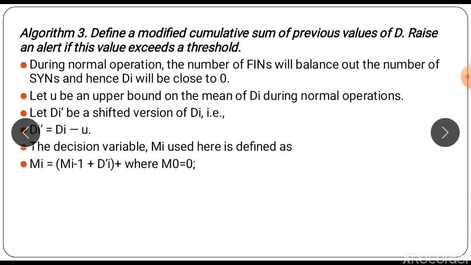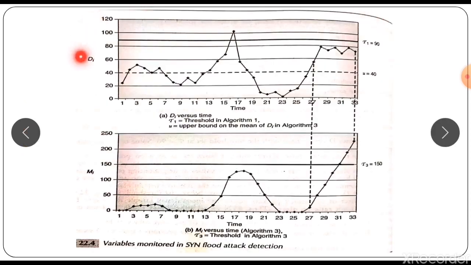So we'll see what this is. Just look at these two diagrams, first one and second one. In the first, we first define U, which is the upper bound on the mean of Di. U is defined as 40 over here. Then consider this diagram.